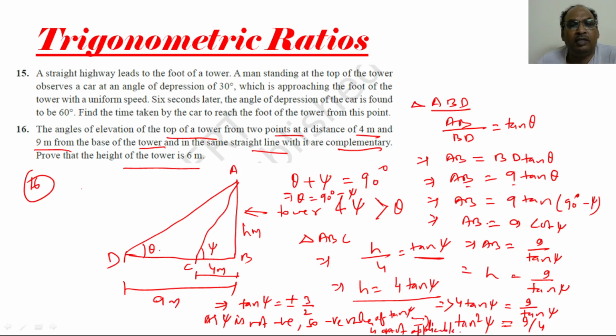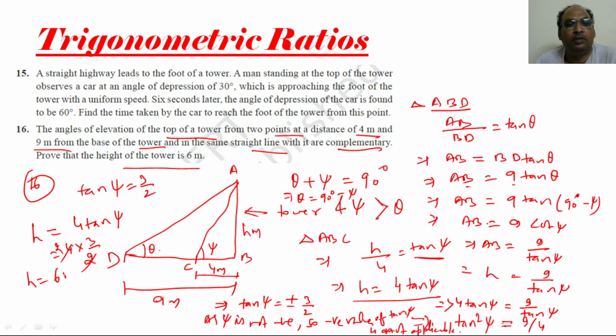So we got tan psi is equal to 3 by 2. Now if we want to find height of the tower, h is equal to 4 tan psi. So put the value 4 into 3 by 2, 2 is cancelling, and h is equal to 6 meter. So we have proved that the height of the tower is 6 meter.